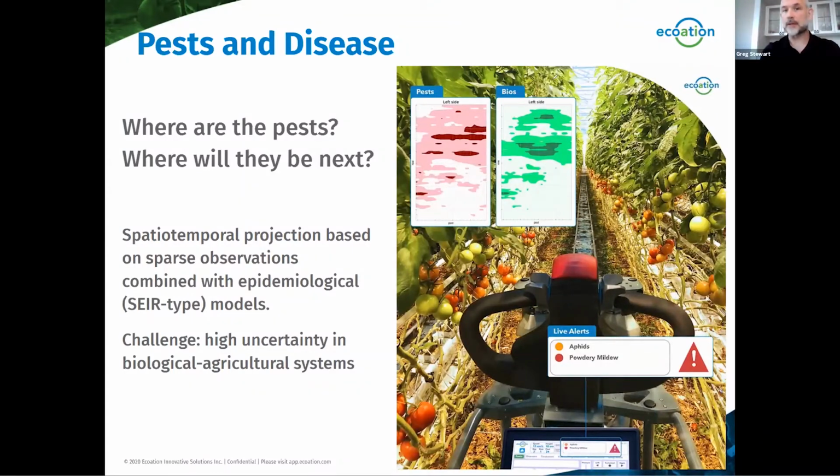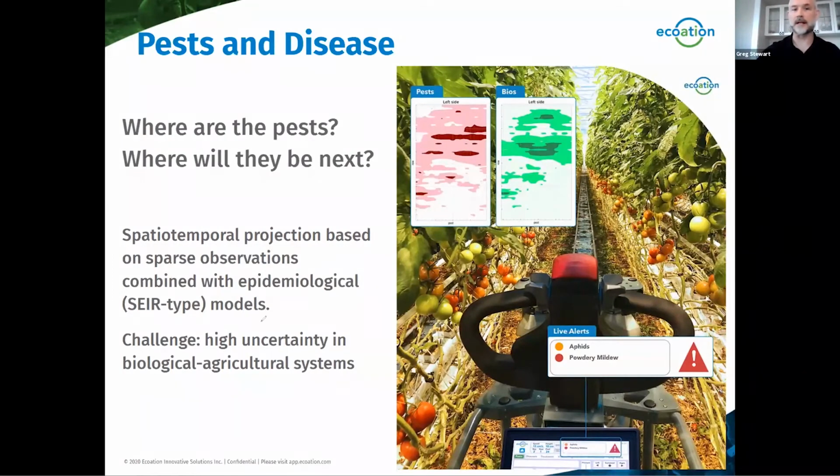This is a spatiotemporal projection based on the sparse observations, which really means that as the scout goes down the row and marks where these pests are, we use that as an input into these SEIR type models, which are very similar to how people are projecting how COVID propagates throughout the population, right? And so we can project where the pests are going to, or are expected to go.